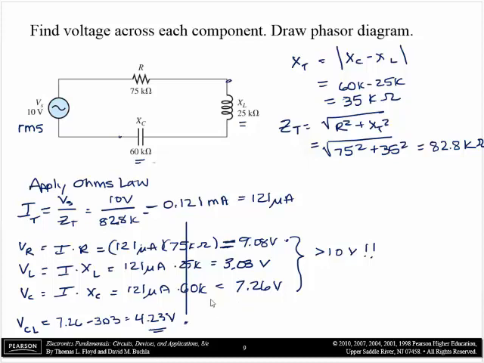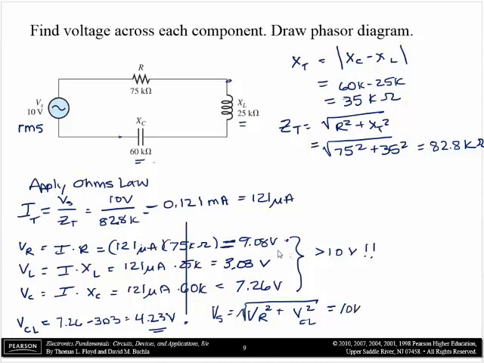If I wanted to double check myself, it turns out that V source will equal the square root of VR squared plus VLC squared. As long as I don't use these exact numbers, because these have been rounded off. If I originally preserved the long numbers, we can check it, and it will come out to be 10 volts.